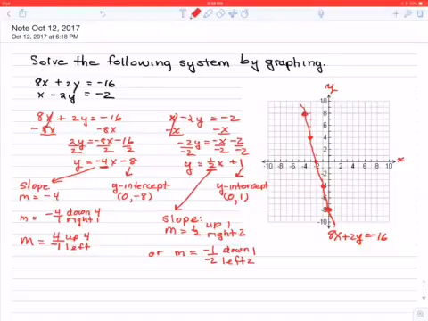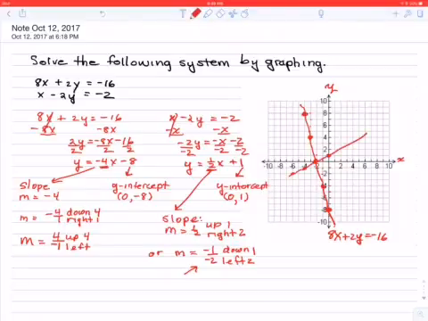All right, so let's plot our y-intercept. So 0, 1, x is 0, y is 1. So I'm going to use the second form of the slope. Go down 1, left 2. There we go. Down 1, left 2.